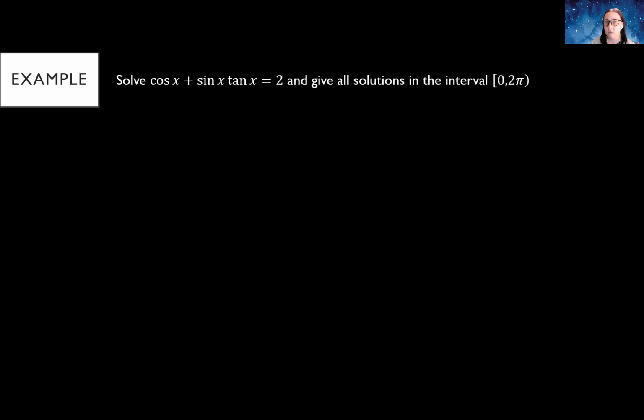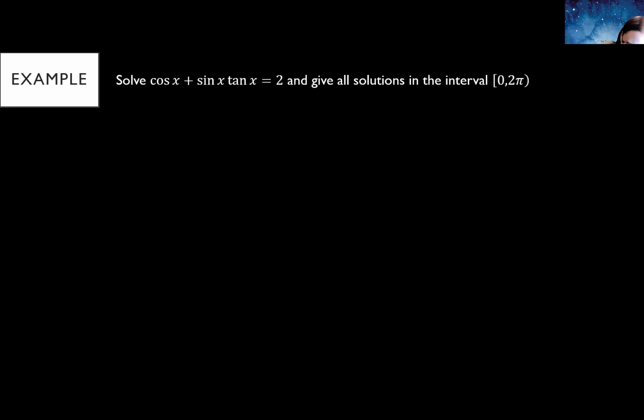You want to do it in such a way that you only have one trig function. I know that tangent is sine over cosine, so I can rewrite that, and then I only have two trig functions, sine or cosine. From there, I'm going to see what makes sense as far as simplifying so that I can get to a single trig function.